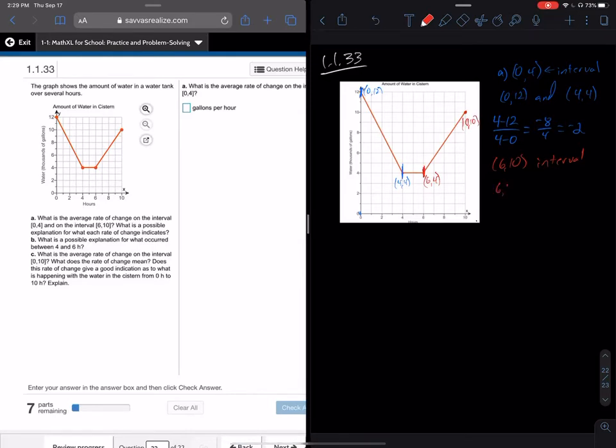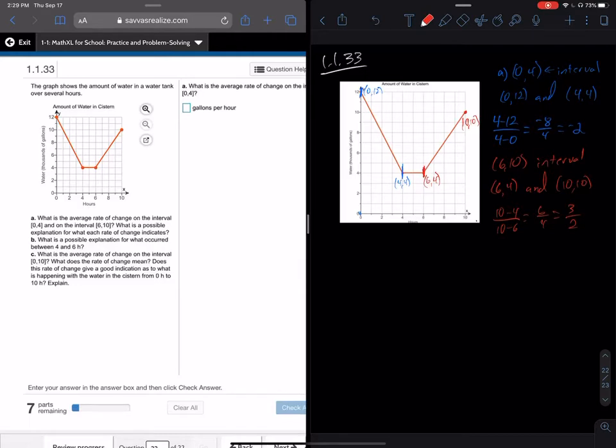So our coordinate points are 6, 4, and 10, 10. So y minus y, 10 minus 4 over 10 minus 6, which is going to be 6 over 4, which will reduce to 3 over 2. So that would be my average rate of change for 6, 10.